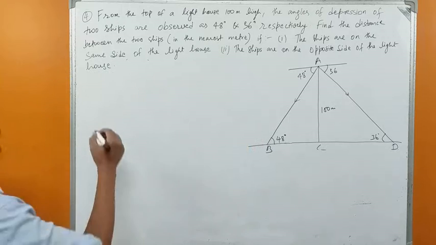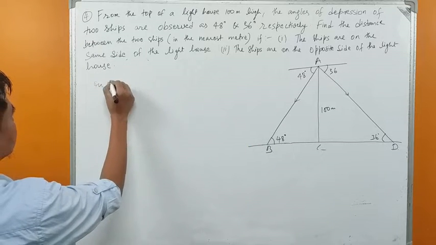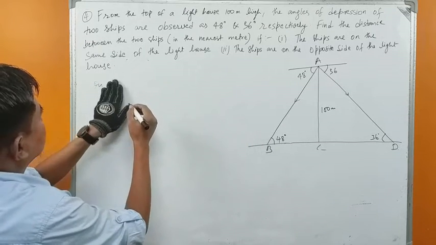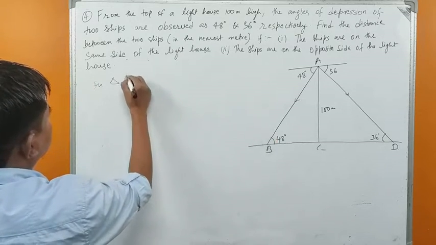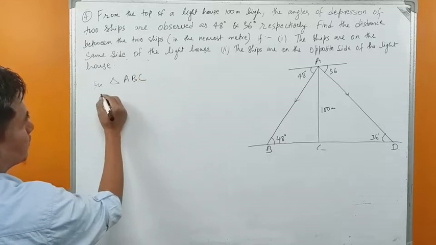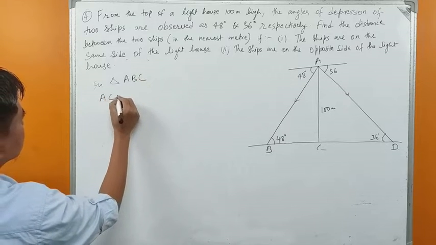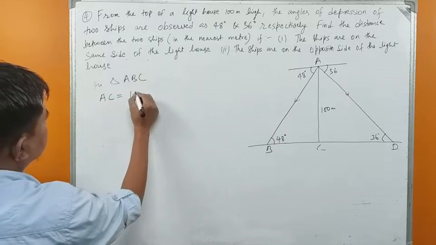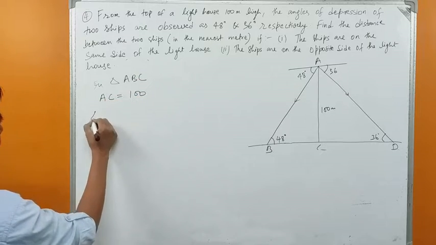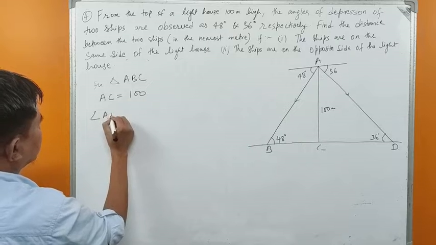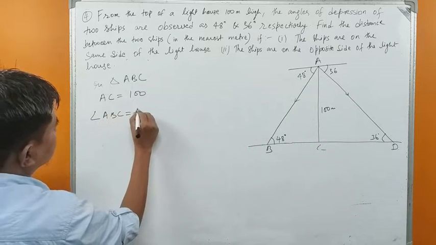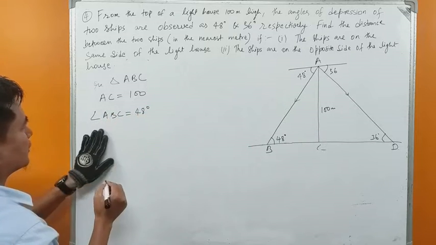Okay, so in triangle ABC, AC is the height of the lighthouse, that is 100 meters, and angle ABC equals 48 degrees, isn't it?